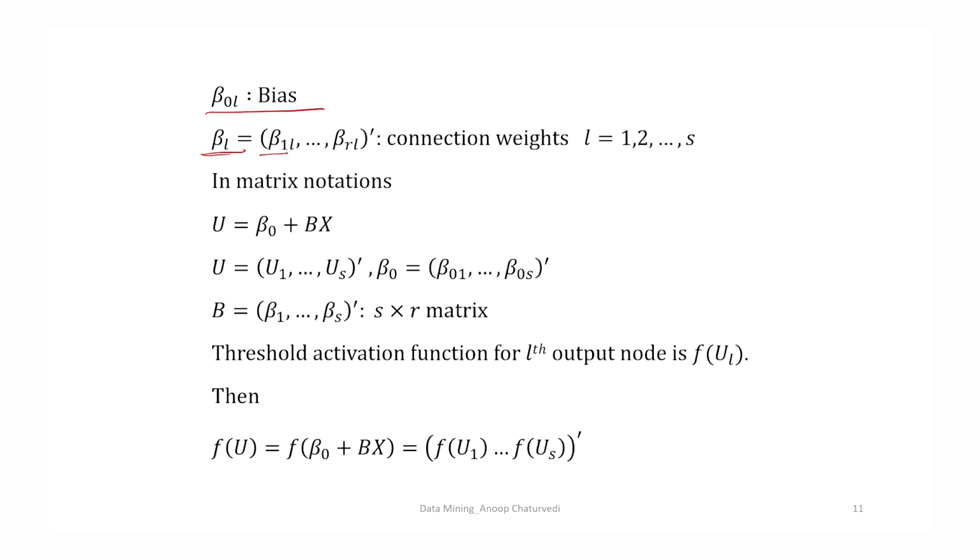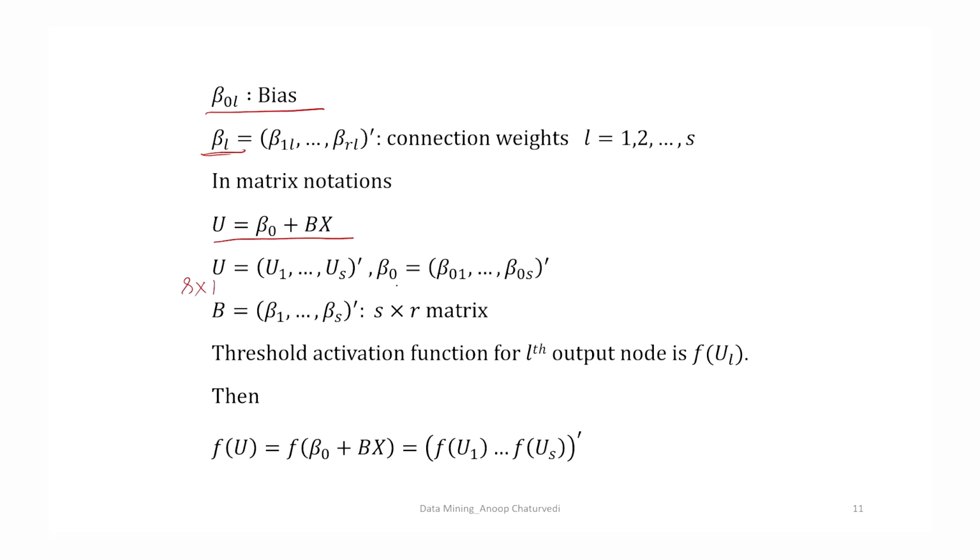Further, in matrix notations, we can write u equal to beta naught plus B x, where u is equal to u 1, u 2, u s transpose. So, this is S cross 1 vector.